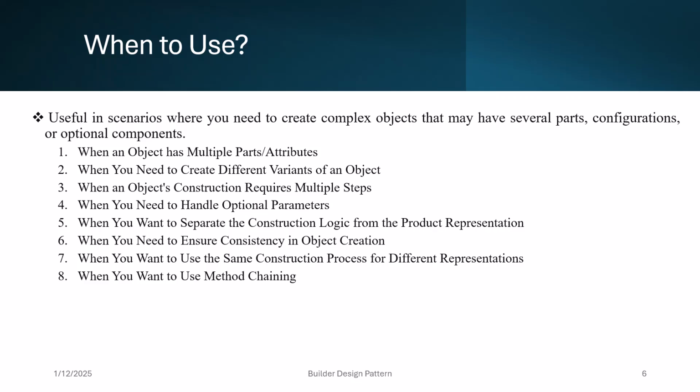When we want to build a house, we need to create a house object with optional components, like a garage, pool, or garden. These are optional components while creating house objects. You can choose which components to include in the final object using a builder. So that is one of the uses we can have with the builder design pattern.